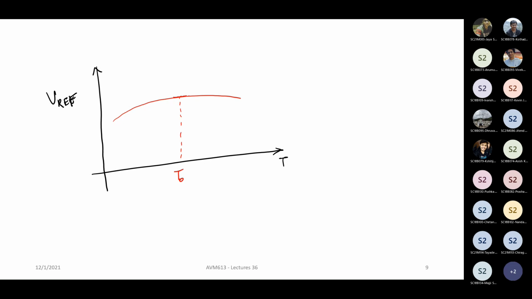Typically when you do band gap references, you measure the temperature range in terms of ppm. In terms of ppm, you take delta V by delta T multiplied by 1 by the nominal VREF multiplied by 10 to the power of 6. This will give you the variation in terms of ppm per degree centigrade.